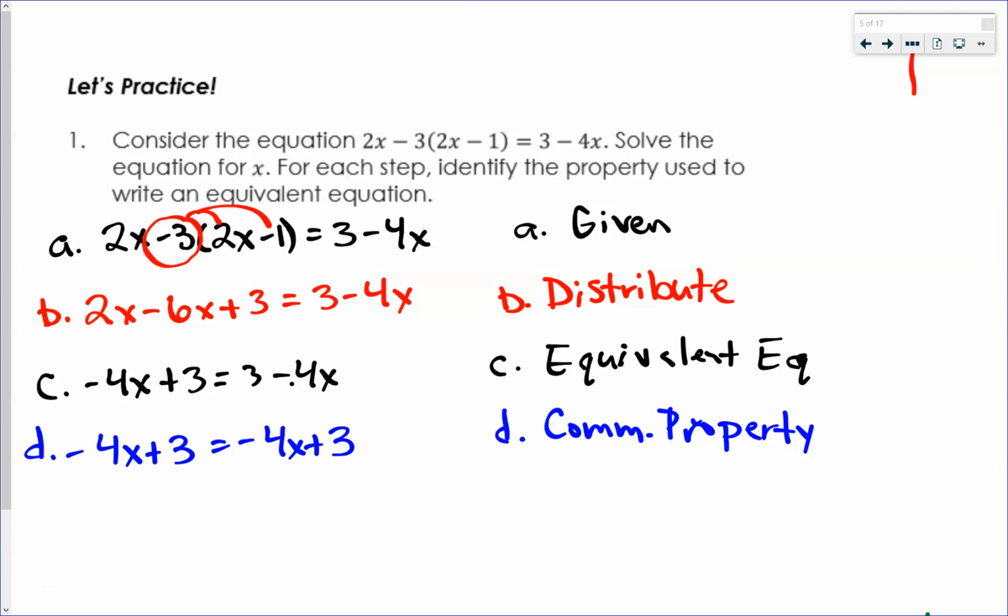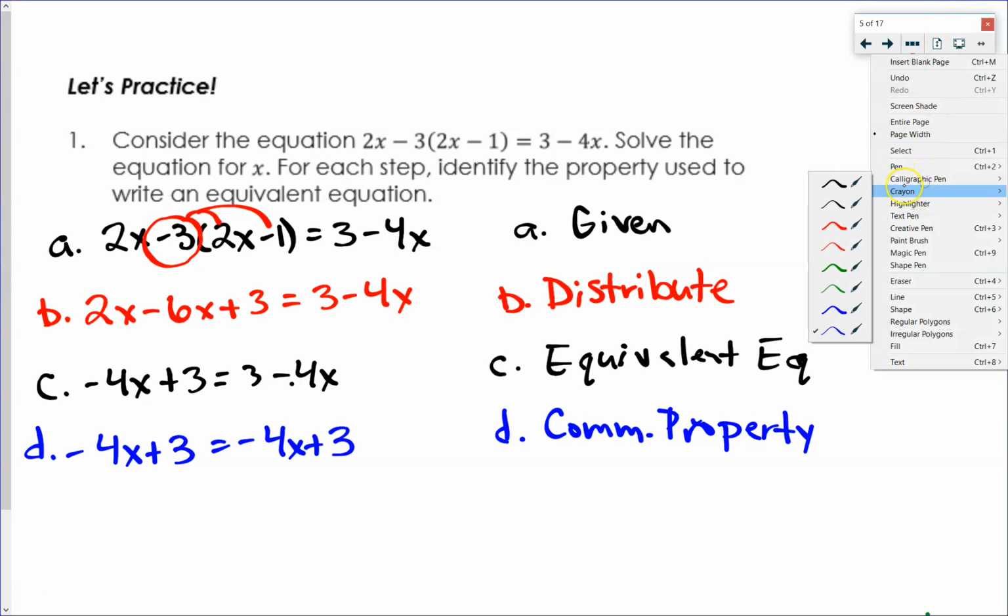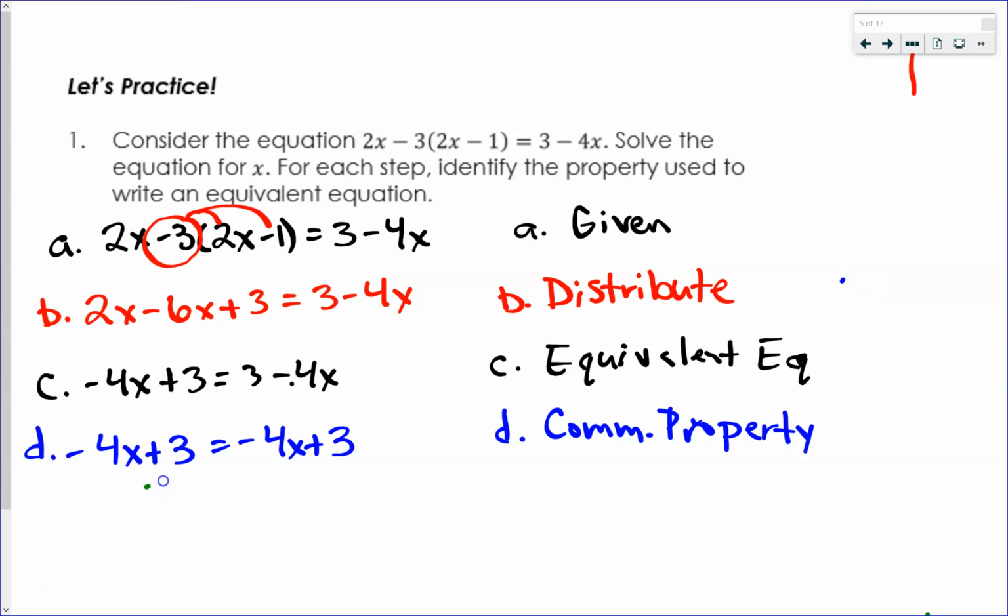All right, now I'm going to move those 3's over. I'm going to subtract 3 to the other side. So that cancels out. But this one also cancels out, right? So let me rewrite this in the way that they had it before.